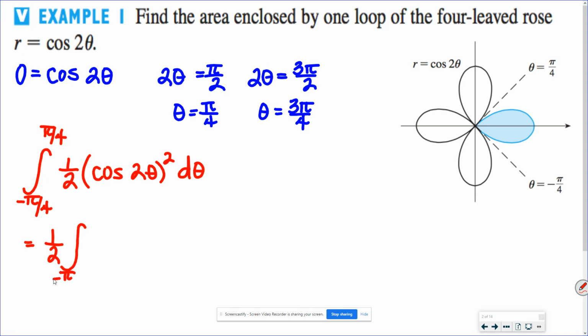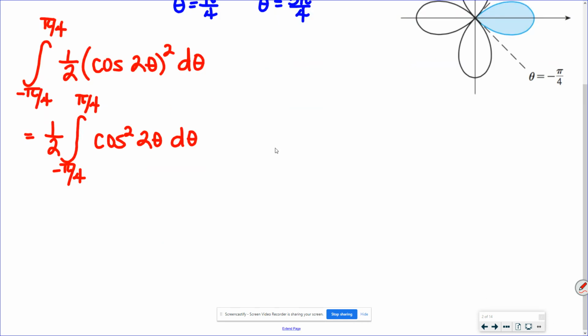Now, because polar curves often involve trigonometry, that means that you're going to be dealing with a lot of trig identities, okay? And I believe I've talked to you guys about this before, but it is going to become very important that you remember trig identities. There's a few that kind of come up a lot.